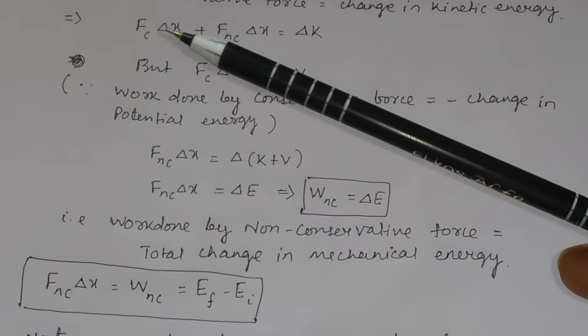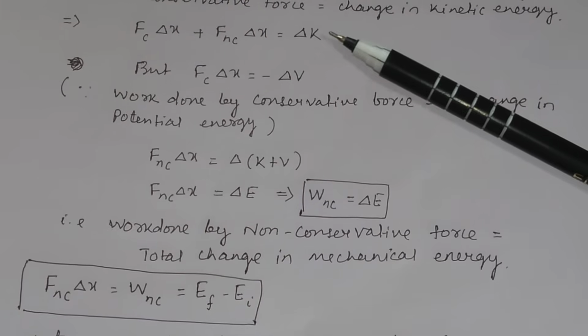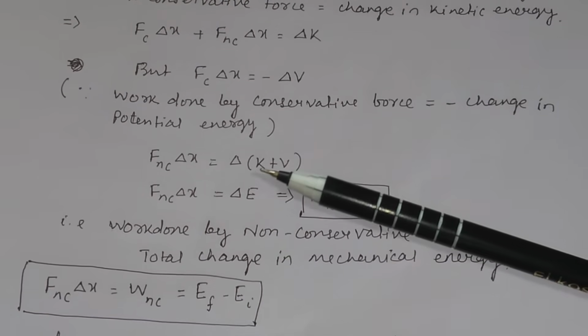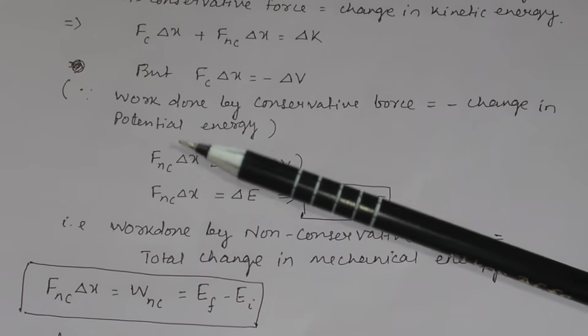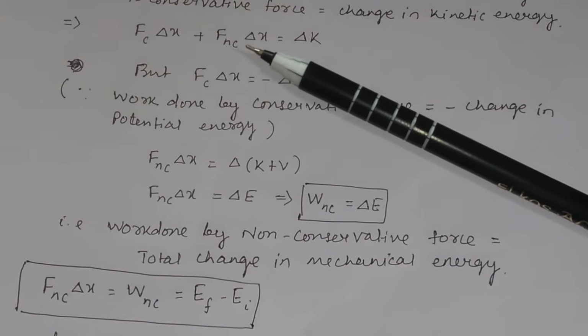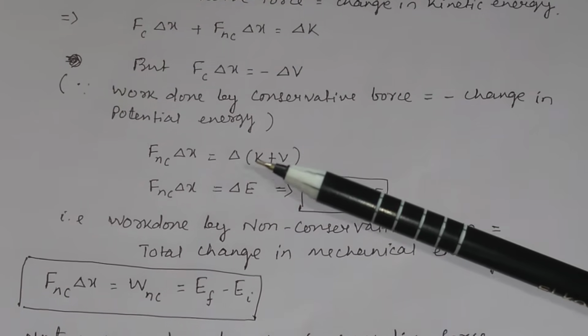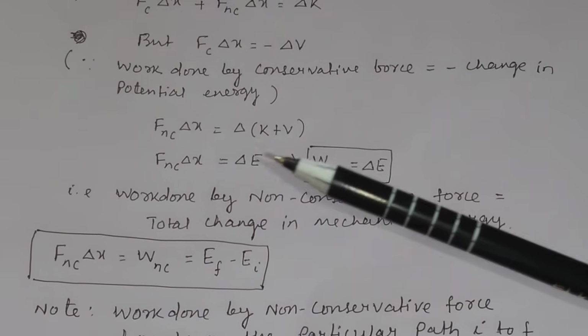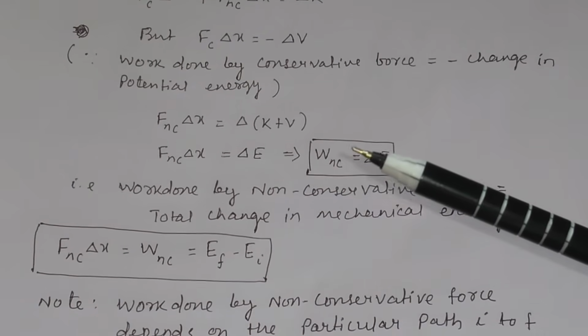So here you can replace Fc delta x by minus delta V, and if you take minus delta V to this side, this will be equal to delta K plus delta V, or delta of (K plus V), or Fnc into delta x, that is the work done by the non-conservative force, is equal to the change in mechanical energy, that is, Fnc into delta x is equal to delta E, or Wnc.